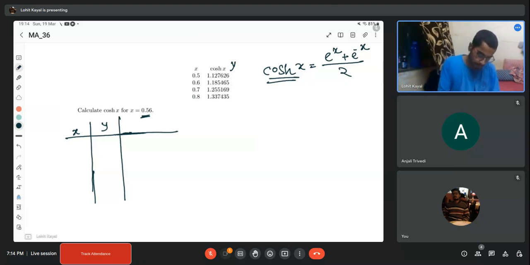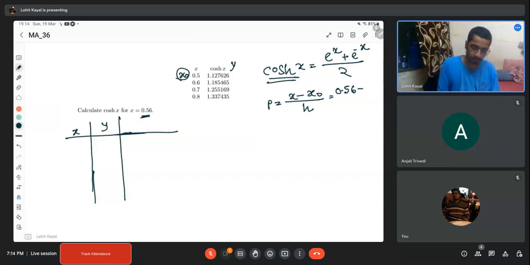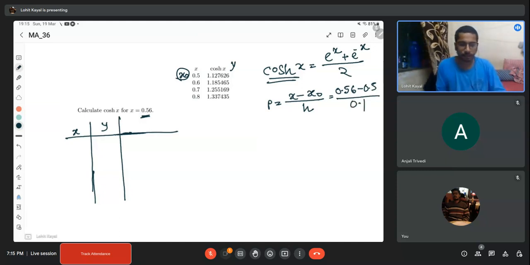So p equal to x minus x naught divided by h. Here your x is 0.56, and x naught is 0.5, I am defining this as my x naught, divided by 0.1. This is the h. So what is the value? Let's use calculator for that.